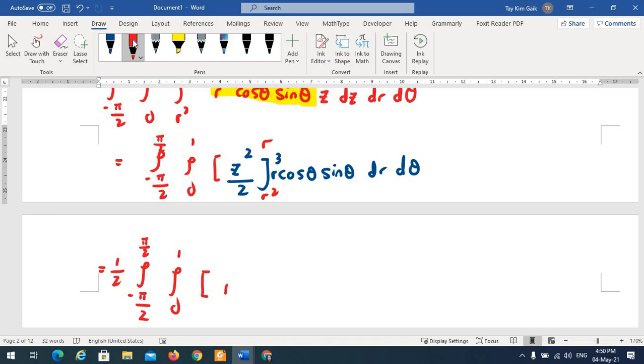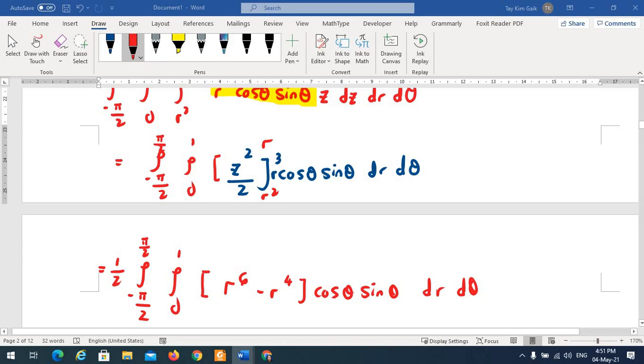So total will be r power 6 minus r power 4 cos theta sin theta, and then dr d theta. So integrate respect to r, lastly integrate respect to theta.